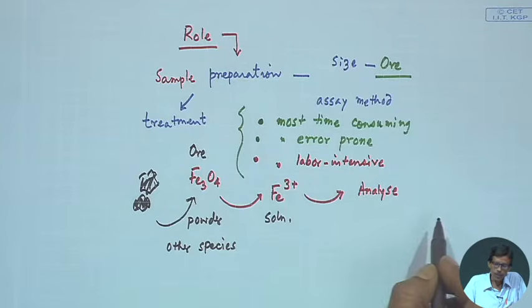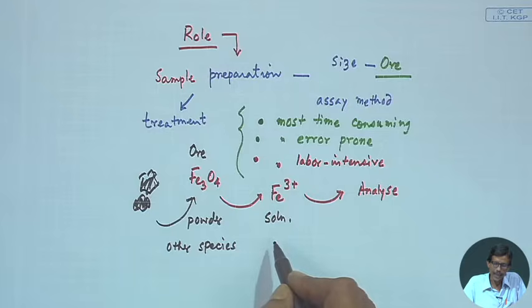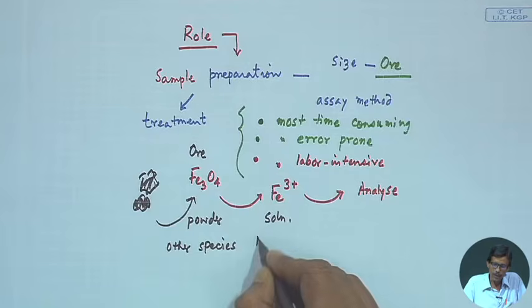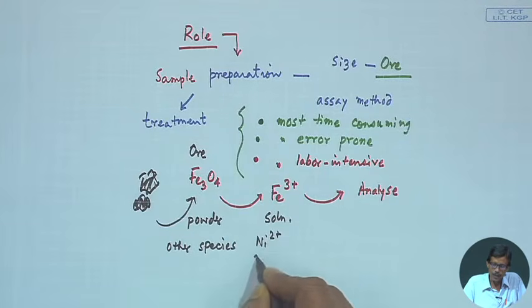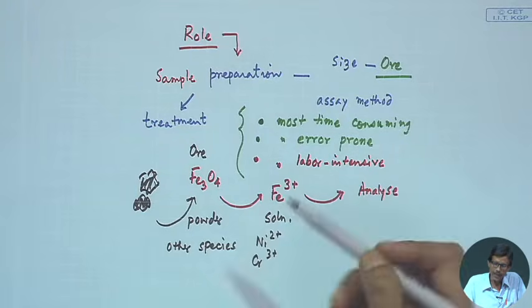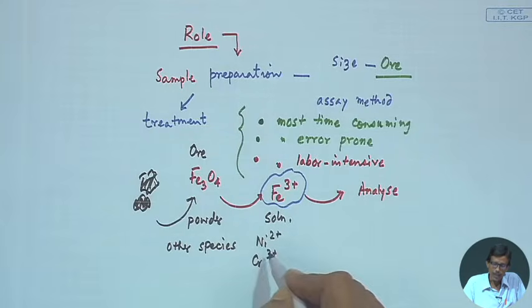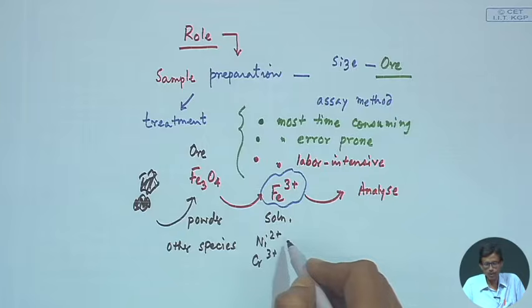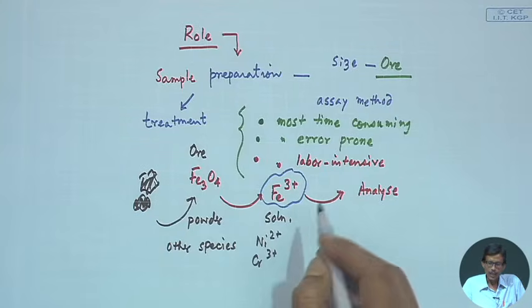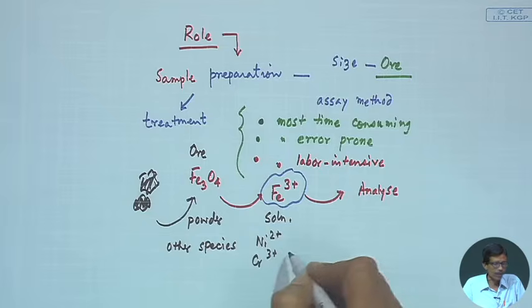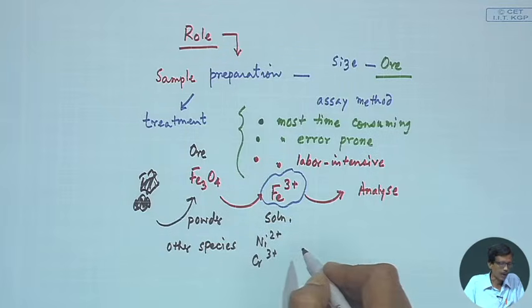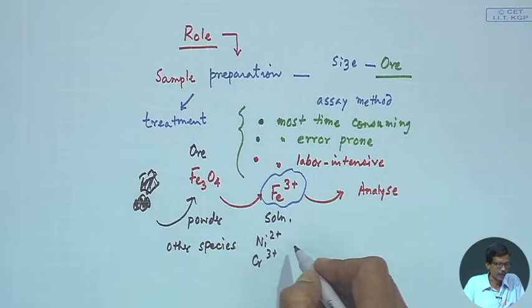So, during this process we should not lose any analyte for this analysis, because if some other metal ions, say Ni2+ or chromium 3+ are there, and we focus our attention that we should only get this Fe3+ nicely, during this process, that means the dissolution, evaporation and all these, some amount of Ni2+ or some amount of chromium 3+ can also become unavailable from that solution medium.